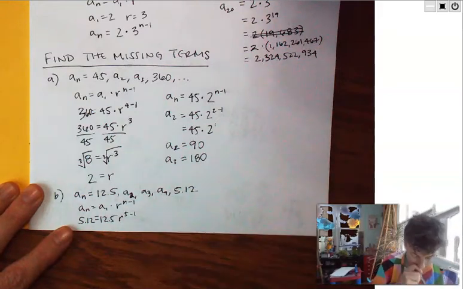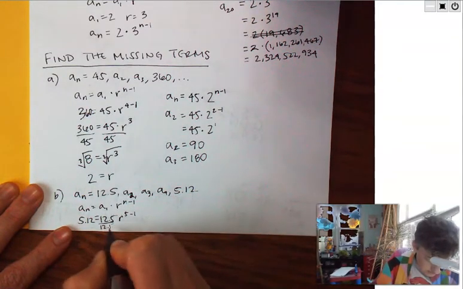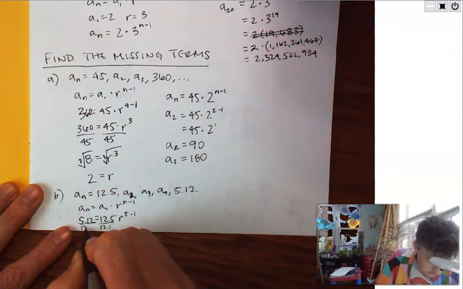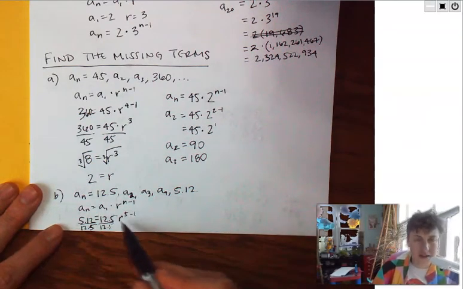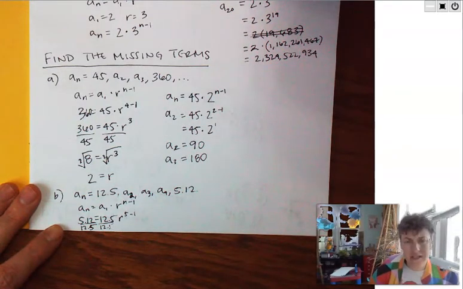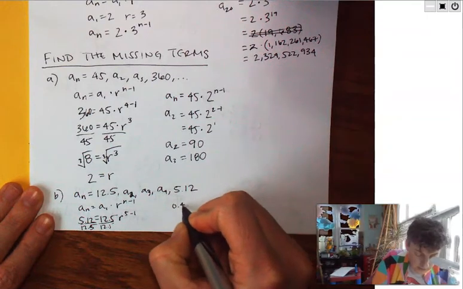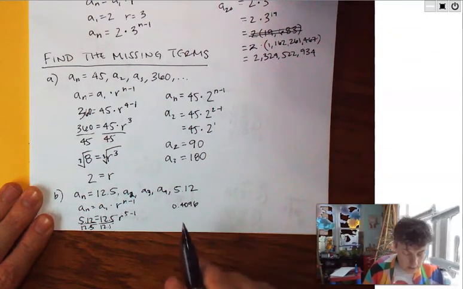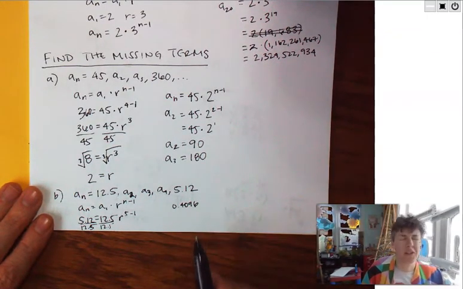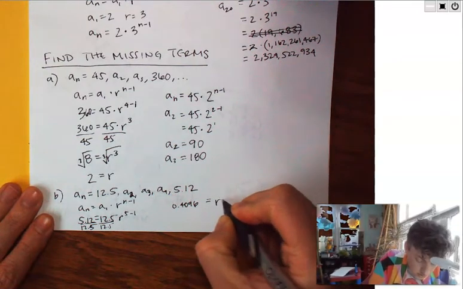We do a little division of this guy, and also reduce that guy. Not even a big deal. In which case you get 0.4096, which will be a number recognizable to people that were really good at the game 2048, equals r to the 4th.